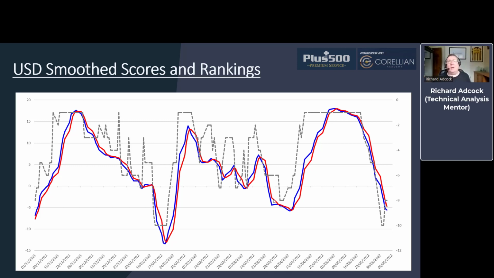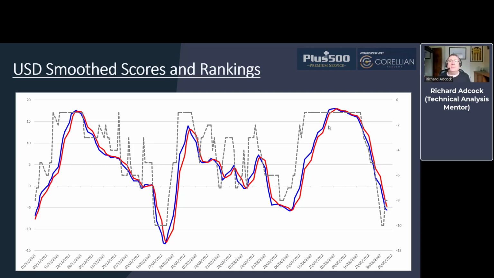Now, I smooth out any volatility within that score by using two moving averages, which are the blue and the red lines. Very basically, when we start to see the blue line, which is the shorter term average, cross above the red line, that highlights an improving technical backdrop because we're starting to see a decrease in the number of negative technical indicators and an increase in the number of positive.